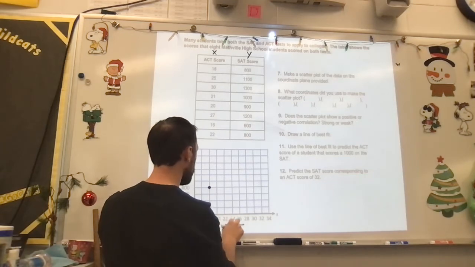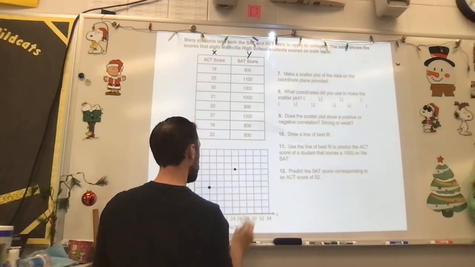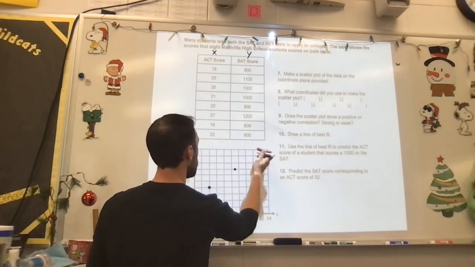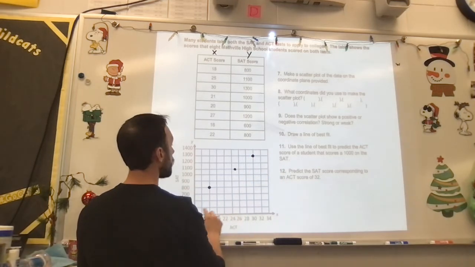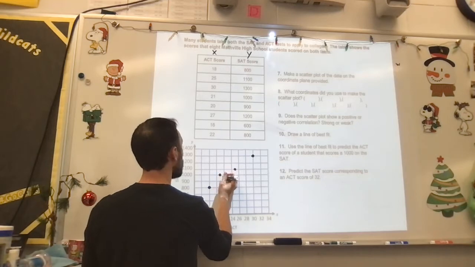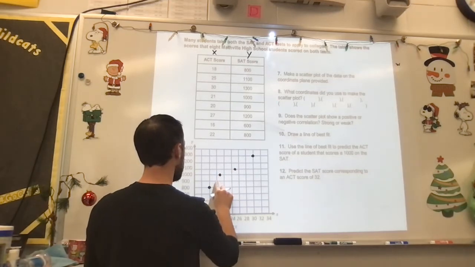25 to 1100. 30 to 1300. 21 up 1000. Over 20 up 900.